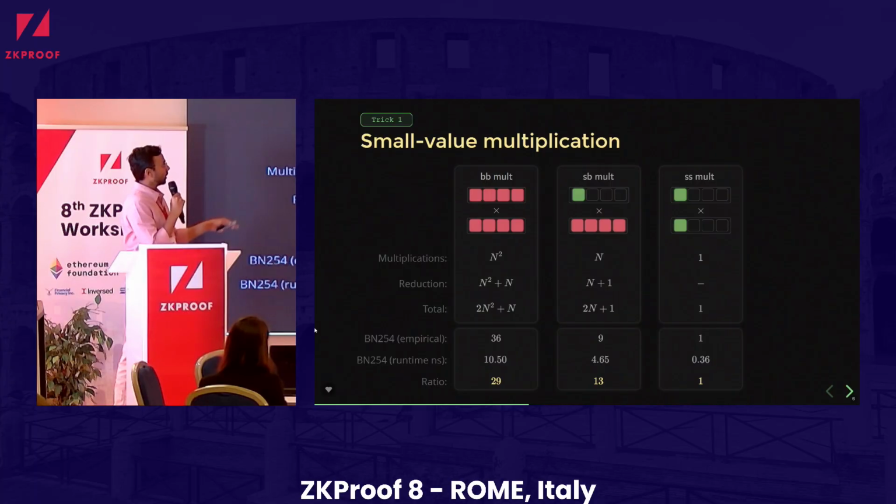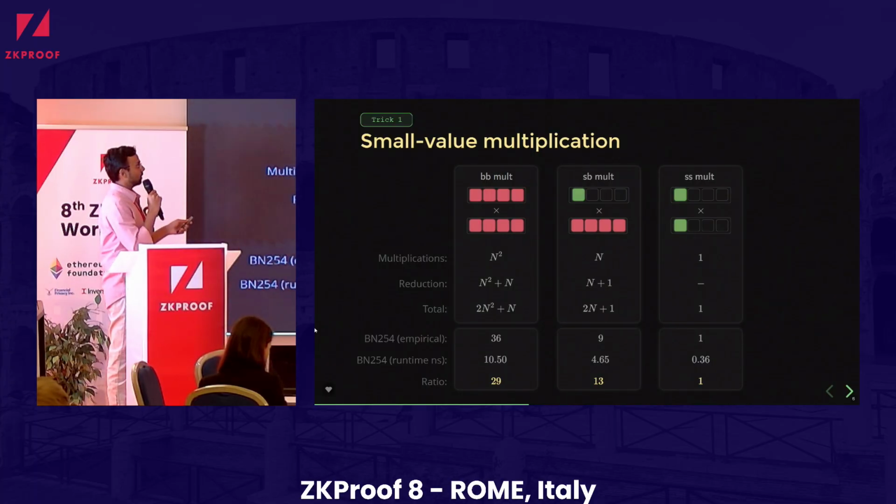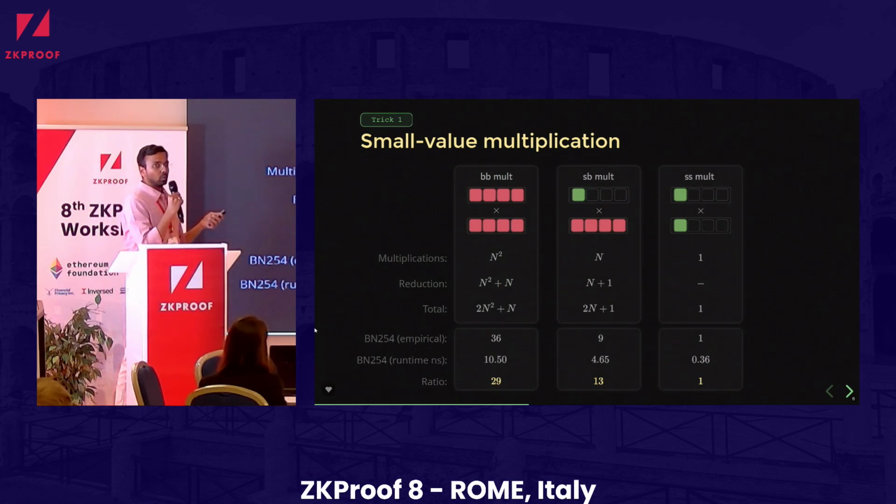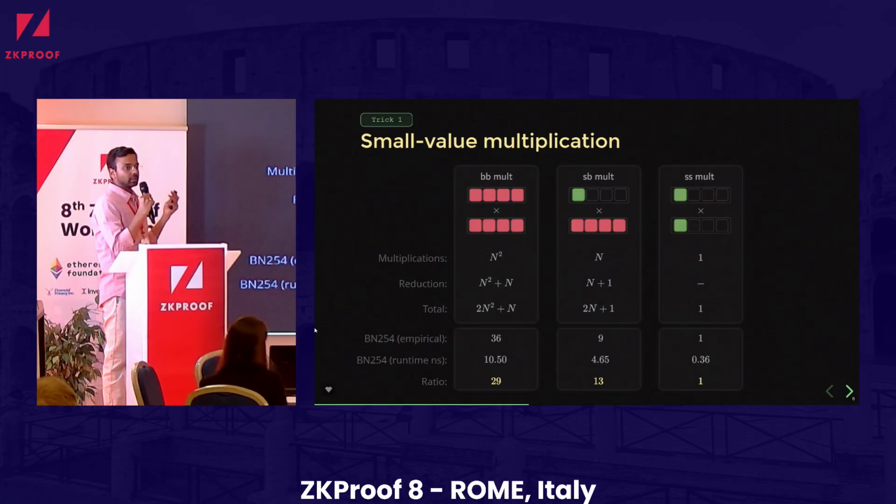And a small big multiplication you can see is almost more than twice faster than a big multiplication. So the point of all this is, if our witnesses are 64-bit elements, we must really think about ways to avoid these BB multiplications as much as possible.